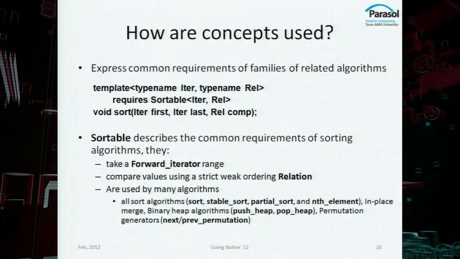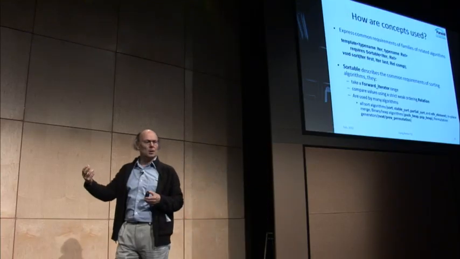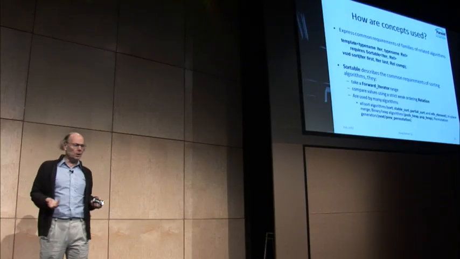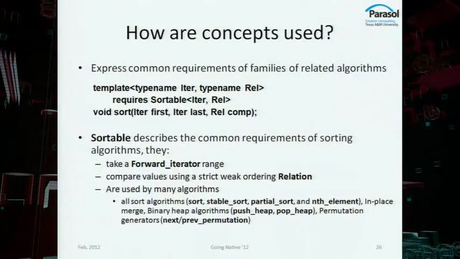And if you look at it, a concept is not really useful if it's only useful for one algorithm. Then it's very unlikely to be a real concept, to be something of generality and utility. Here, sortable is very useful because there's a whole bunch of sorting algorithms. They're listed there, and it is also the same notion that's required for binary heap algorithms and for the permutation generators.